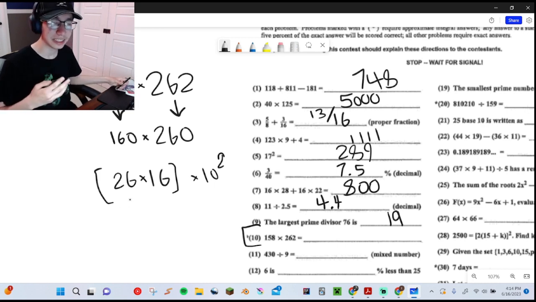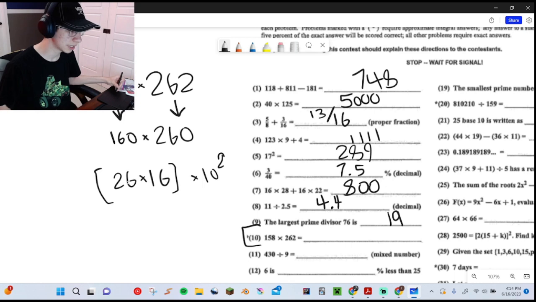And that's a lot easier than multiplying 158 and 262. Usually there's no set way to do these estimations. You have to get creative sometimes. But rounding is a big tool for us in estimation questions.